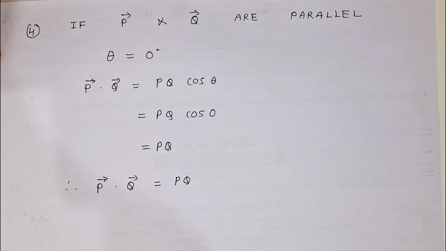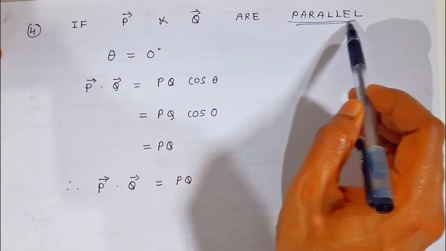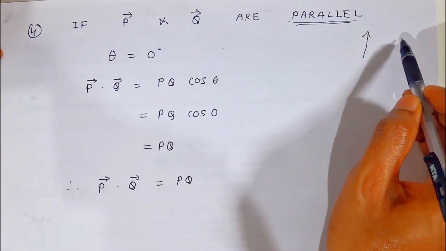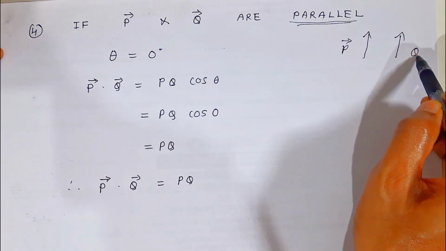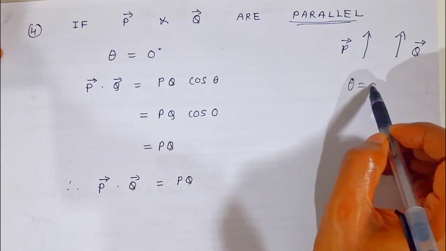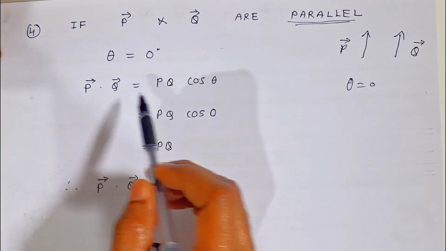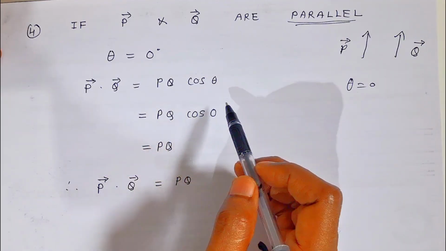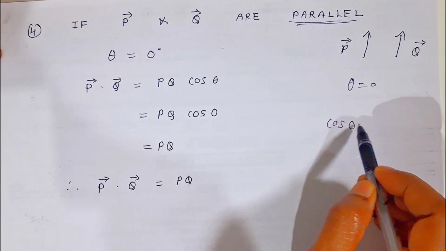The fourth property, students: if p bar and q bar are parallel. Here both vectors are parallel, so theta will be 0. If you find the scalar product, p bar dot q bar is pq cos theta, and cos 0 is always 1.